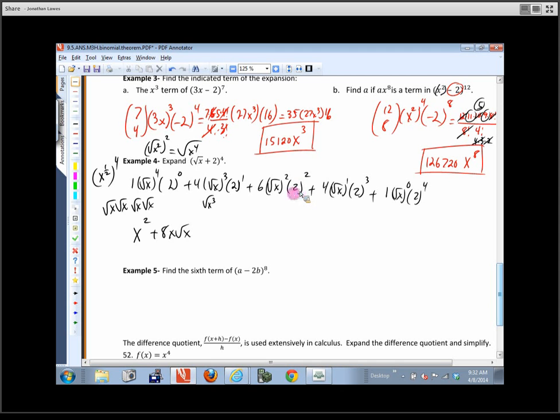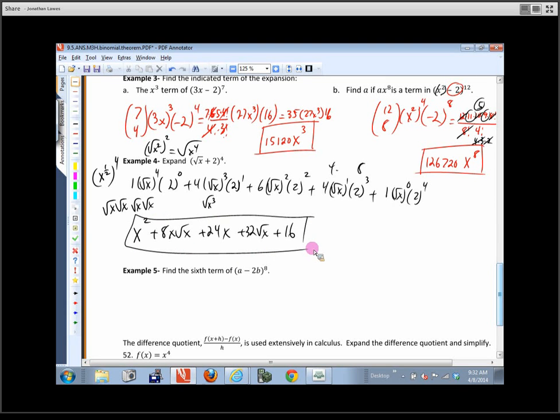Got a 4. So this is going to be 24. X. Got a 4, got an 8, and that's still just a radical x, so that's going to be 32 radical x. And what do I have here? Just a 16.